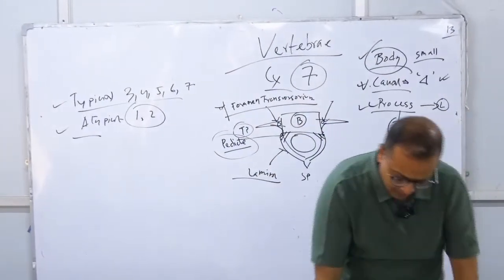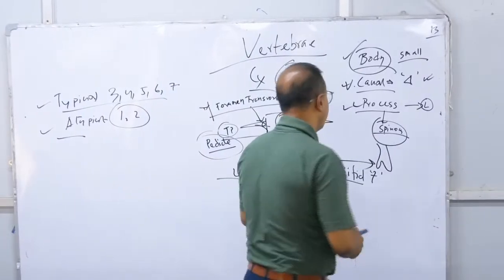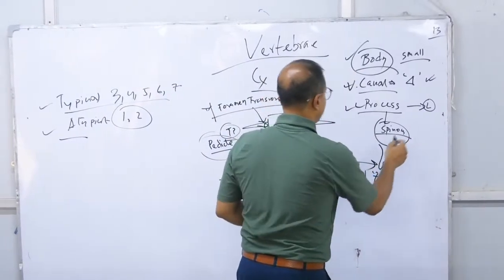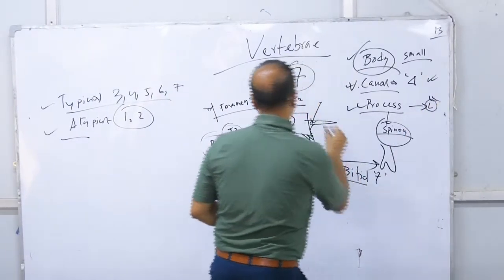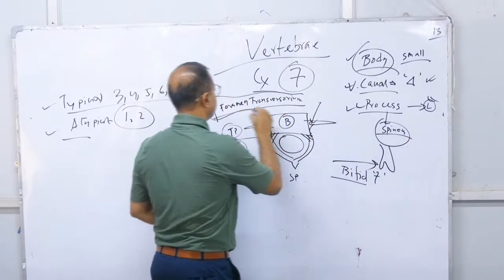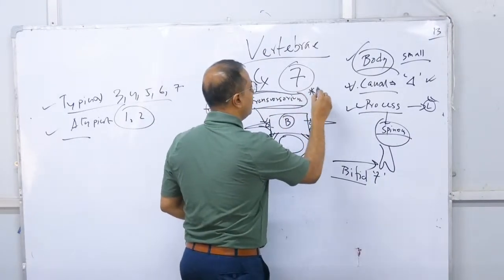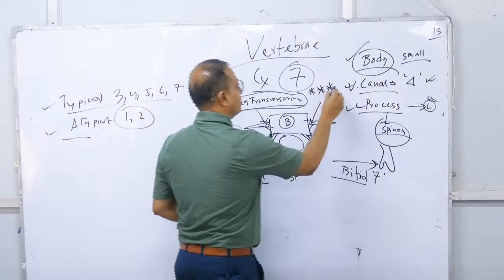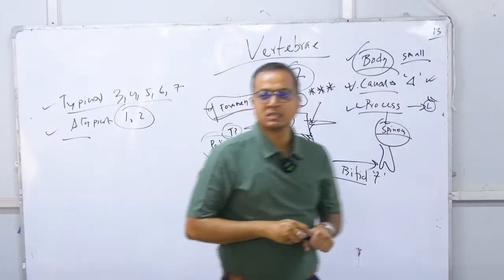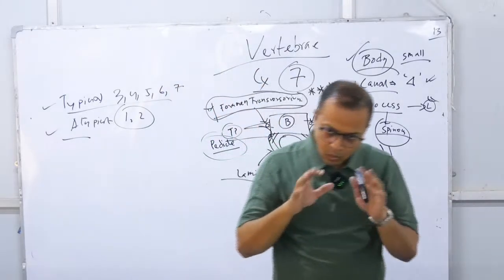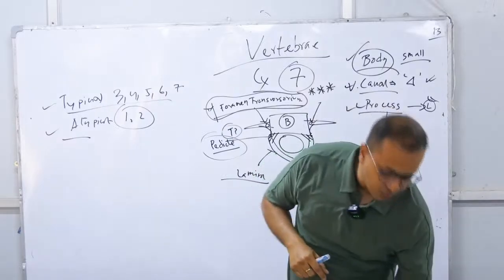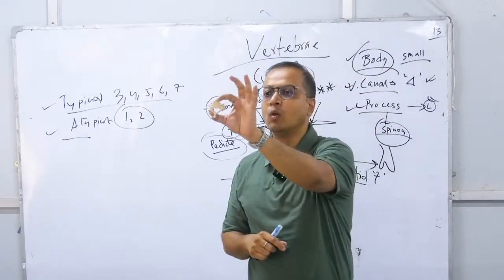So, even at a glance or from a far distance, the foramen transversorium is the key element to identify this bone as a cervical vertebra. No other vertebrae have these holes in the transverse process.